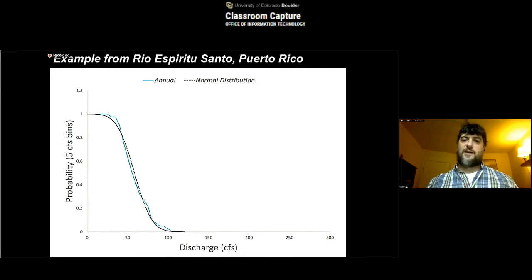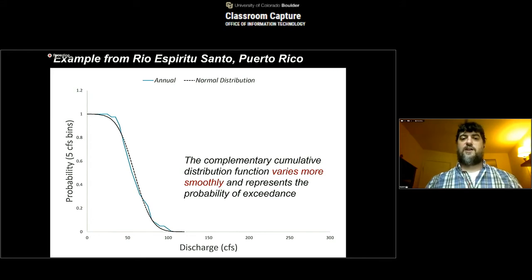Now, oftentimes it's convenient to, instead of plotting up the probability distribution, which is what that previous plot was, instead plot up the cumulative probability or the complementary to the cumulative probability. So this is actually the exceedance probability that we're going to be talking about later. It's also known as the complementary cumulative distribution function.